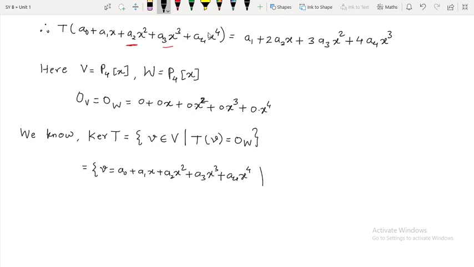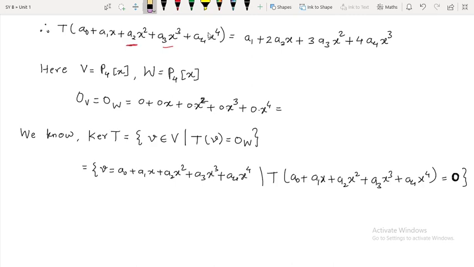Such that T of v, which is nothing but this a0 plus a1x plus a2x square plus a3x cube plus a4x raised to 4, equals 0 of W. Now there is no space, so directly I will write it as a bold 0. Try to understand, I have used that notation.